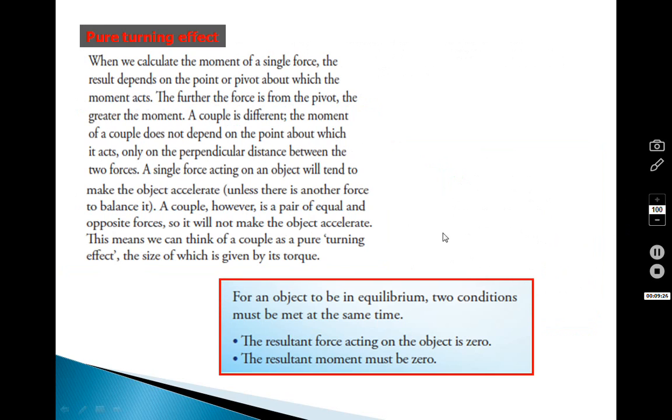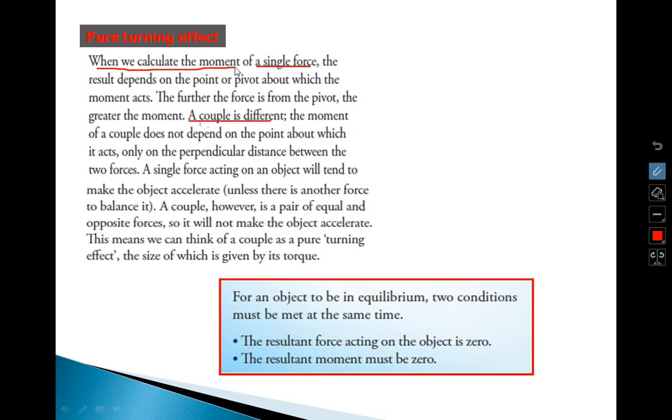Okay, now we will move to another title, which is pure turning effect. What's the meaning of pure turning effect? When we calculate the moment of a single force, it is different from the moment of a couple. We have done the single force in the last class, and today we have the turning effect or moment of a couple.